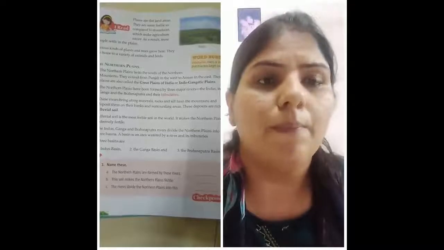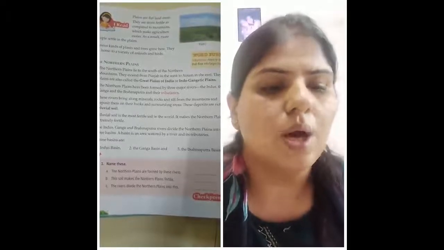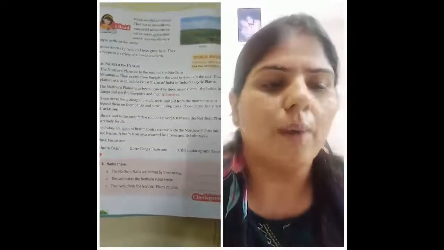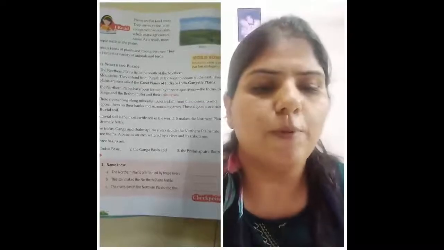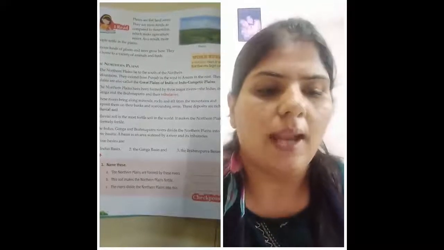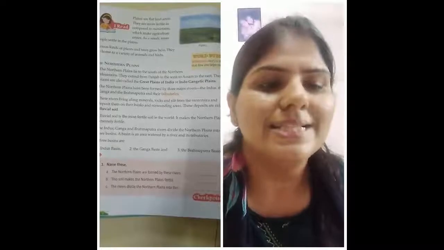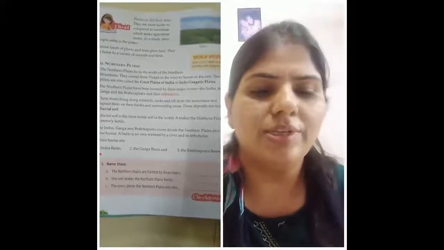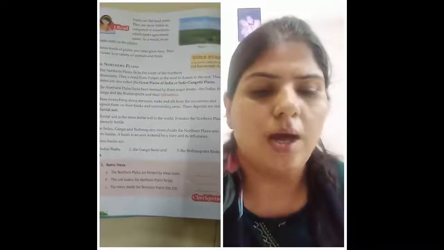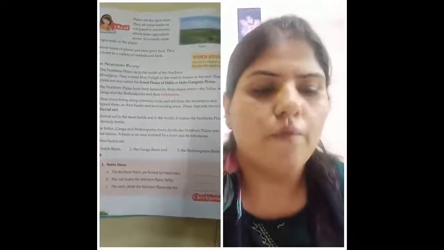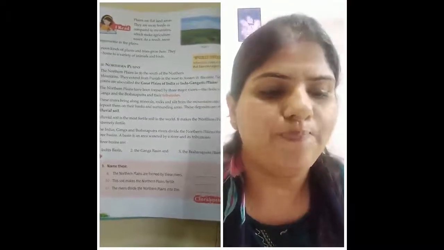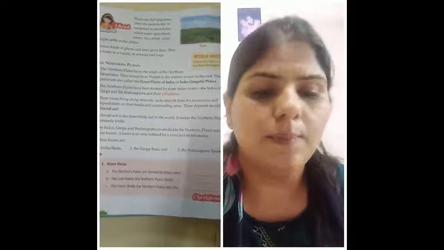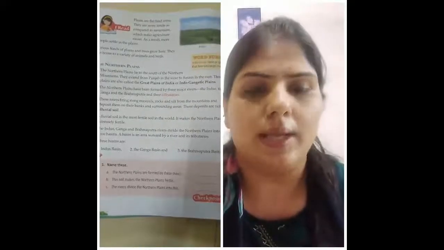These rivers bring along minerals, rocks, silt from the mountains and deposit them on their banks and surrounding area. These deposits are rich in alluvial soil. Alluvial soil is the most fertile soil in the world. It makes the northern plain extremely fertile.